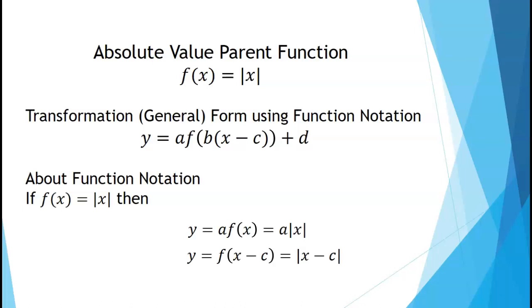If f of x is the absolute value of x, and I go with f of x minus c, that means I'm taking the input of my function f, and I'm subtracting some number c from it. And the last example, and these are just examples, if I have my function f, which is the absolute value of x, and I add some number d to it, then I'm actually adding d to the absolute value of x.